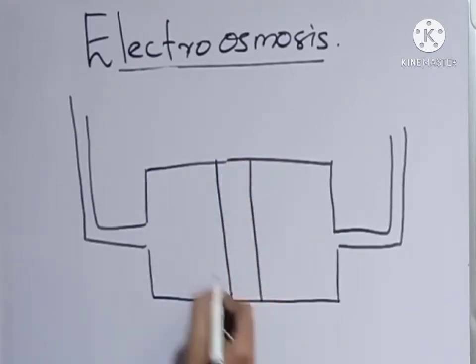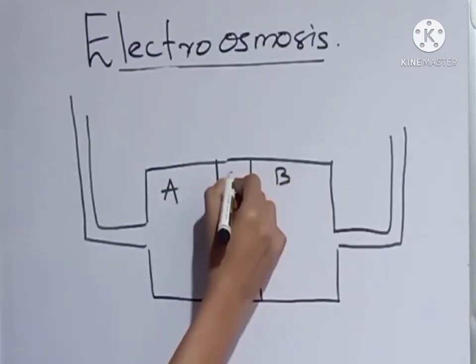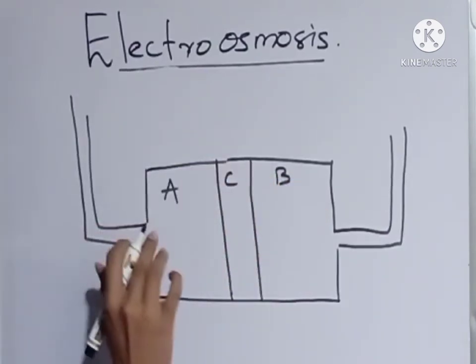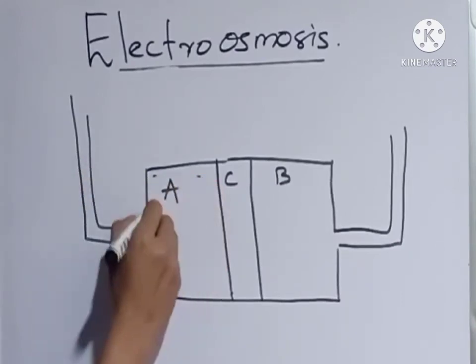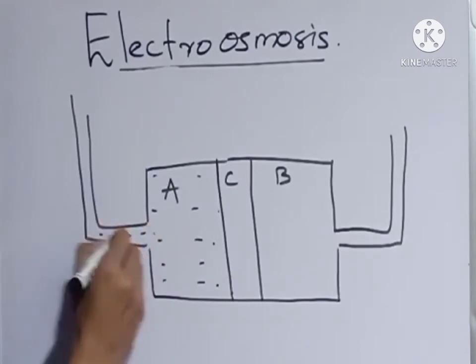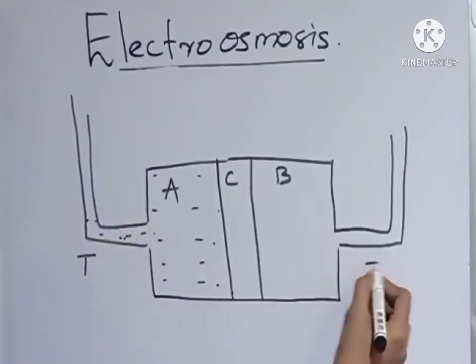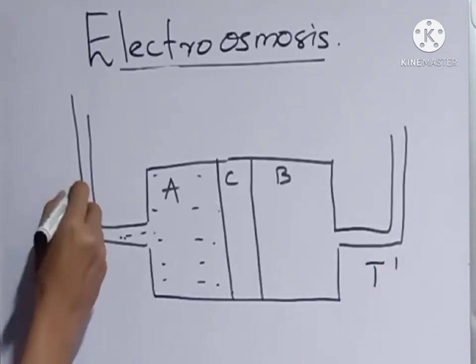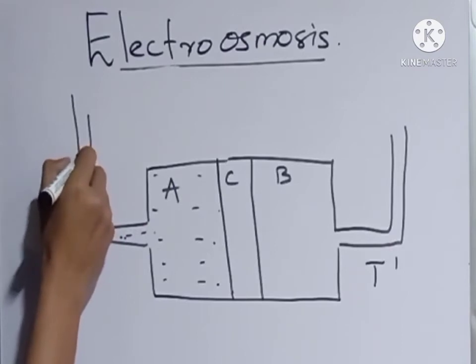We can call them section A, B, and C. Sections A and B are filled with water. I'm going to name this tube T, and this one T dash. Both T and T dash are also filled with water.